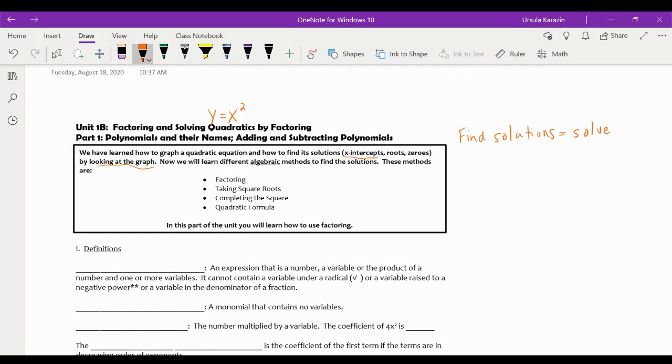Remember, they are x-intercepts, roots, or zeros. So in that last unit, we found x-intercepts, which are solutions, looking at the graph and looking to see where it crossed the x-axis. Those points where it crosses the x-axis are called x-intercepts, and those are the solutions.